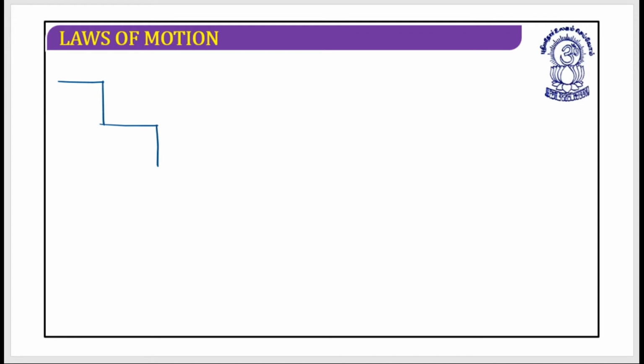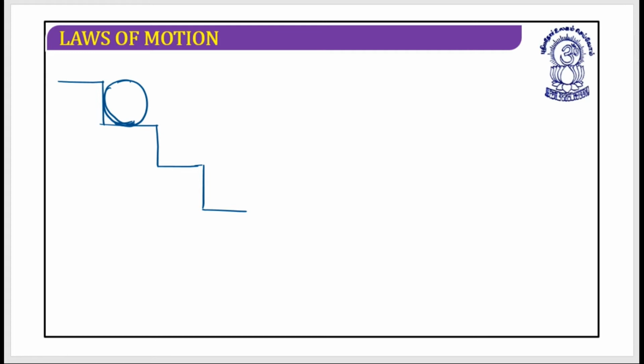Let's suppose a certain step kind of mechanism is there, and in it one of the objects is in contact like this. So plot the normal forces for this situation.